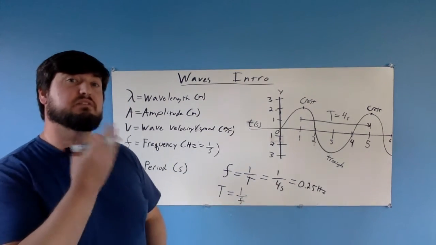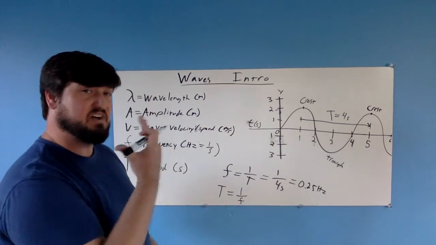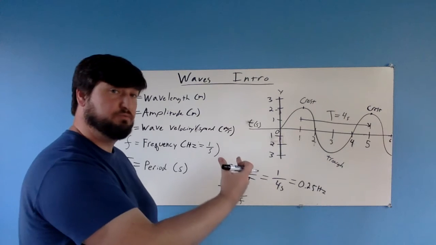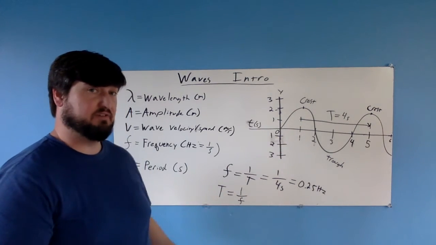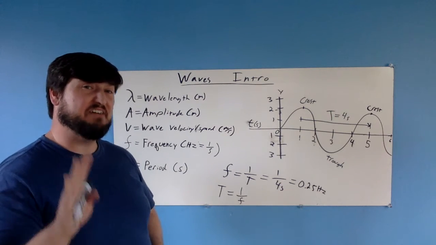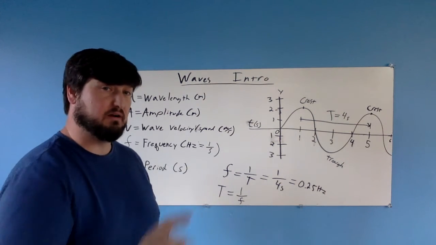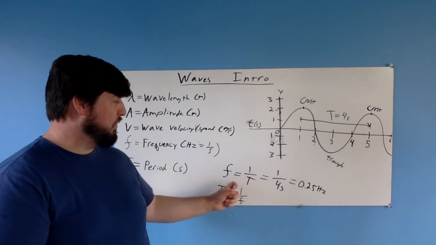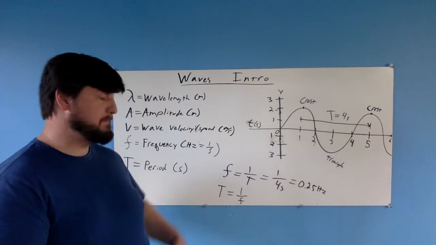If the sound waves coming out of my mouth are going at 5,000 hertz, that's how many oscillations you're going to have in 1 second. So if I'm speaking at 5,000 hertz, 5,000 waves have passed your ear in 1 second. So that's kind of cool. So you can see now why that could be a useful term, okay?